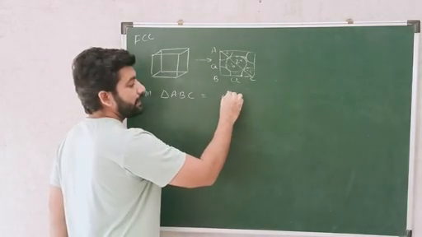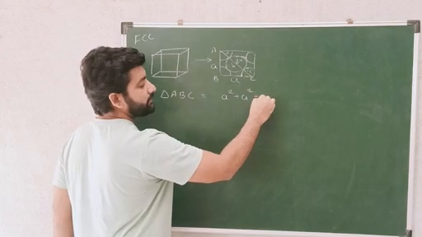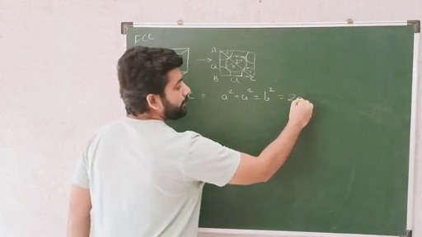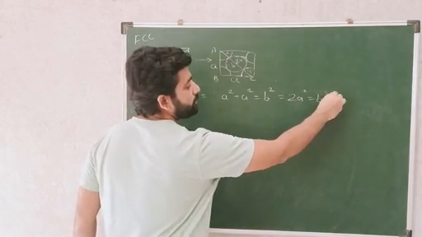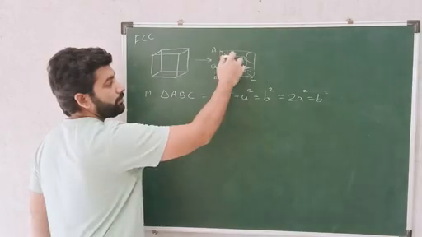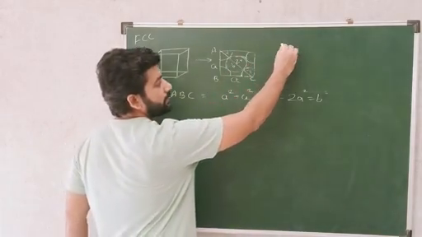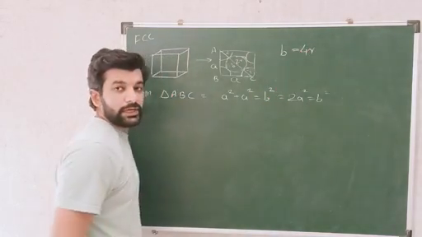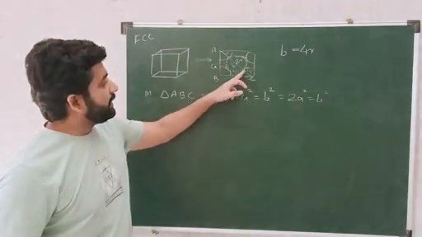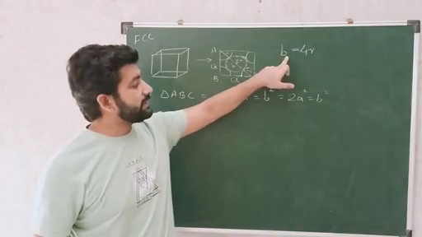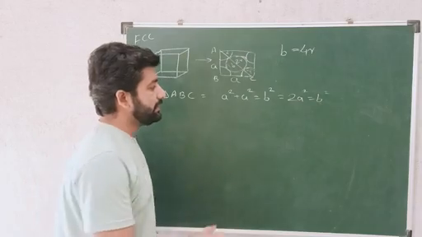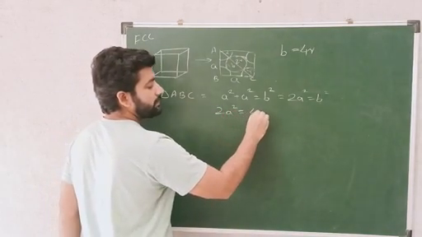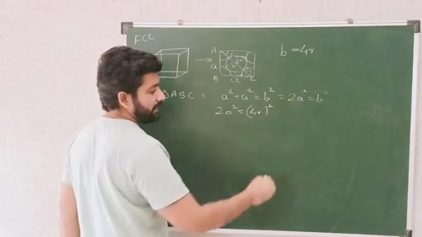We can write that a square plus a square is equal to b square, so 2a square is equal to b square. From the figure we can say that b is equal to 4r, adding all the r values, so we can substitute the value of b. We get 2a square is equal to (4r) square.